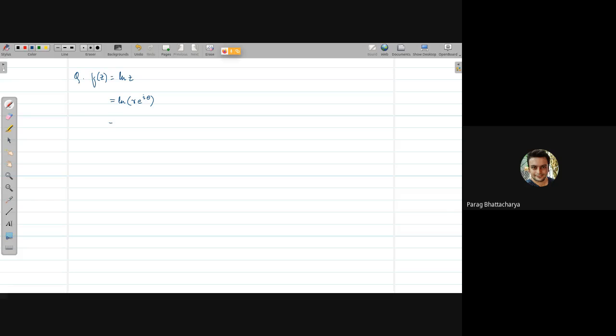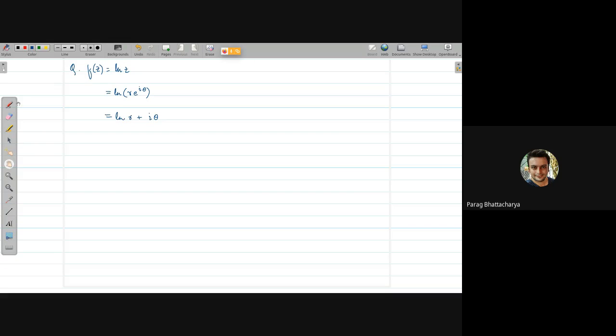So this is going to give us ln of r plus ln of e to the power i theta, which is simply equal to i theta. Now when we have it in this form, we're going to use the polar form, and we'll use the expression for r and theta. So this is how we're going to proceed.